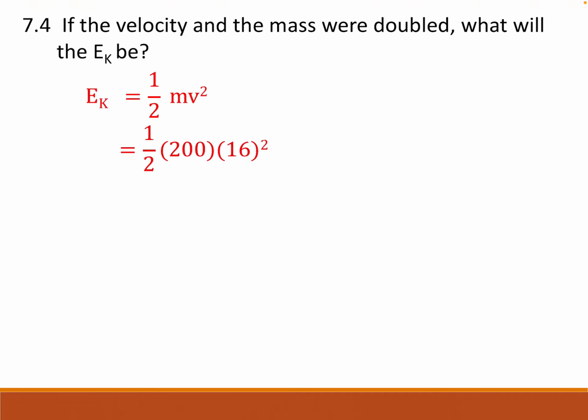It's now 25,600. Do the calculations. It's actually going to be 8 times bigger, but don't stress about that. Nice and simple. Make sure you've got the concepts of EP and EK in your head, what we use where, because you're going to need that for Unit 13.